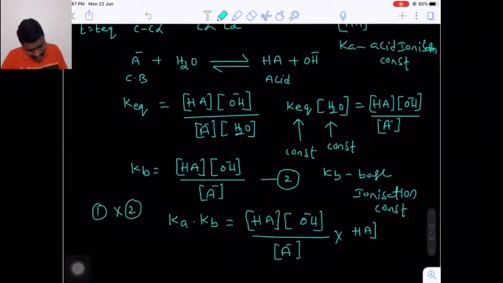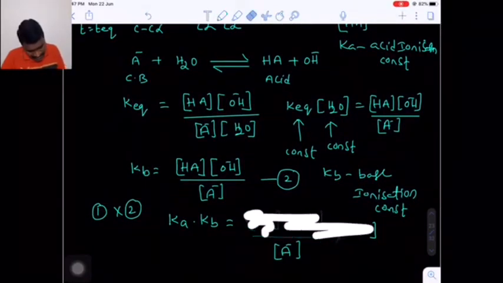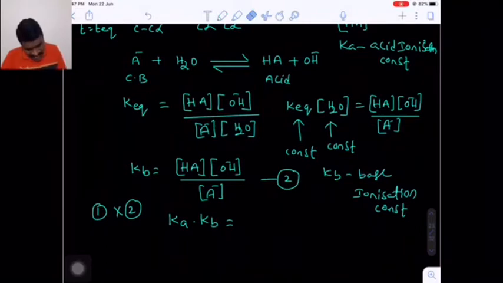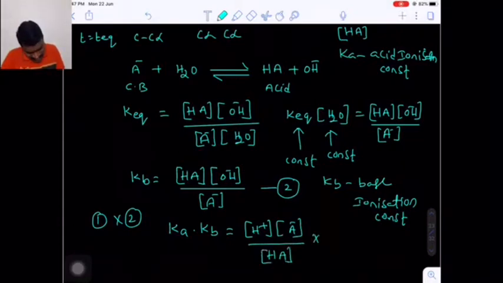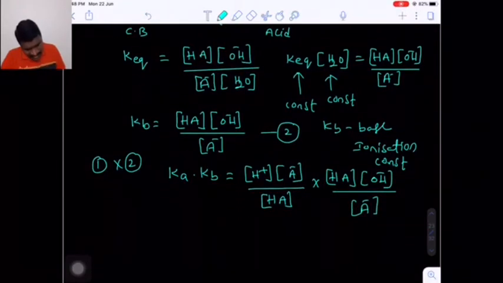Here what is the Ka? The Ka expression, once again I am writing. Expression of Ka: H plus ion concentration into A minus ion concentration whole divided by HA concentration. Okay. Now equation 2 on the right side, HA concentration into OH minus ions concentration whole divided by A minus ion concentration. If you see in these two terms, the common terms will be HA and HA, A minus and A minus.